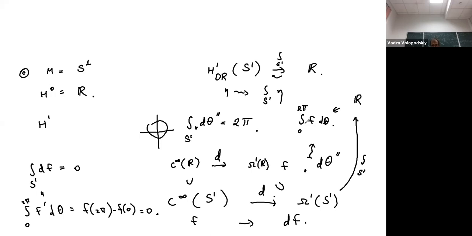On the other hand, a deep theorem in differential geometry or differential topology is that the de Rham homology of any manifold M is a finite dimensional vector space of real numbers.